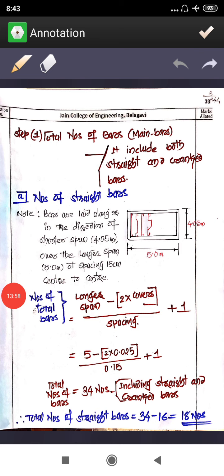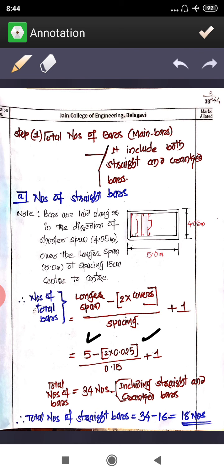Now see, longer span is 5 meter, 2 covers, that is 2 into 0.025, 0.025 is the cover thickness they have given, that is side cover, divided by spacing. Now if you use 0.15, you will be getting the total numbers, and if you use 0.30, you will be getting directly the straight bars.